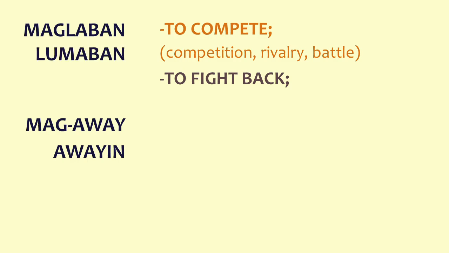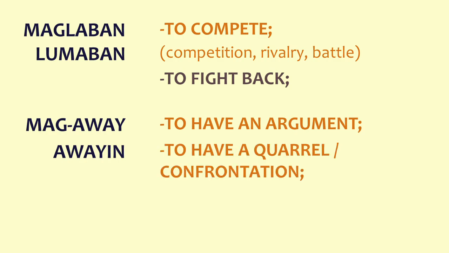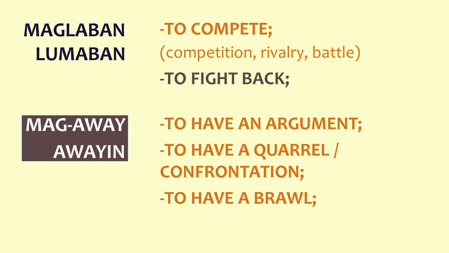Now, for the away verbs, you use these if by to fight you mean to argue with someone or to have a quarrel or confrontation. Also, sometimes by to fight you mean the violent one, like having a brawl with someone, right? If that's what you mean by fight, then you use these verbs also.